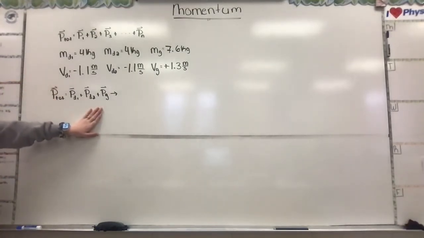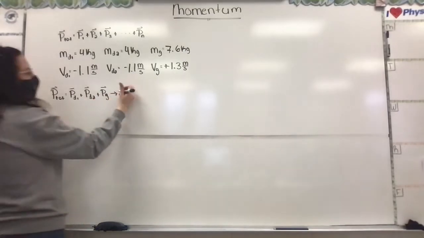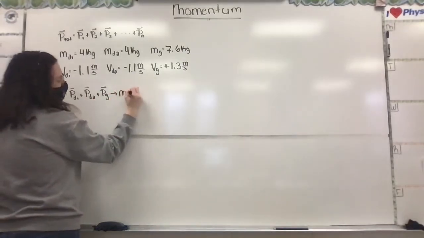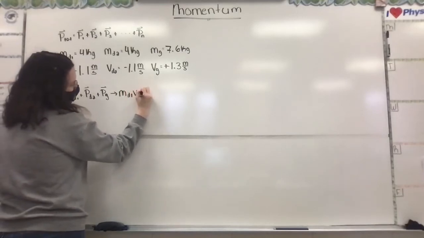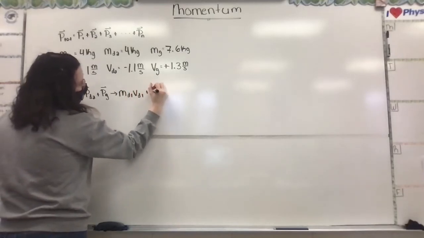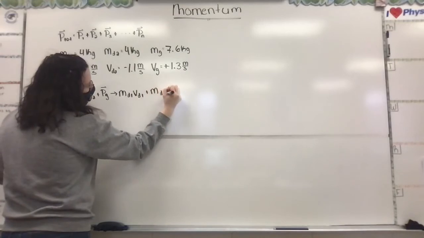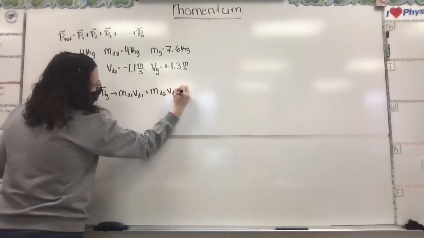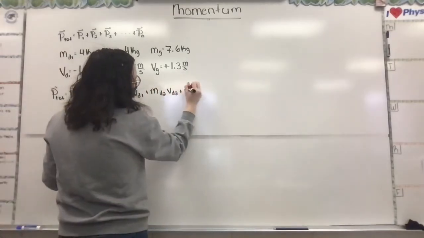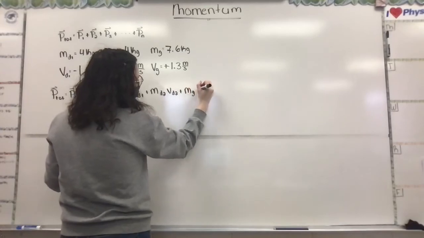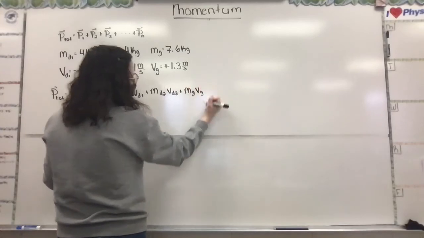So you guys should be able to do that at your seat while I do it up here, okay? I'm just going to write mass of duck 1, velocity of duck 1, plus mass of duck 2 times velocity of duck 2, plus the mass of the goose times the velocity of the goose.